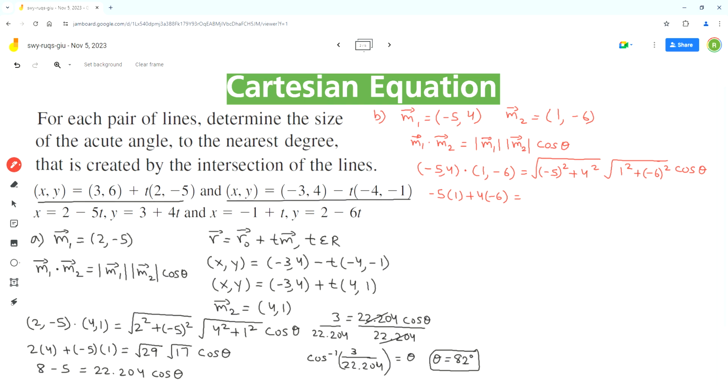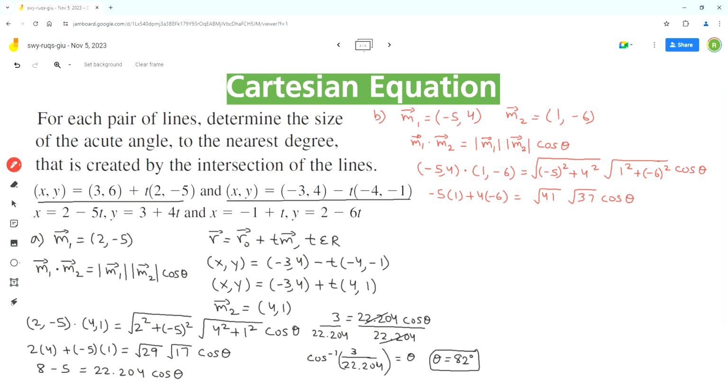And we can simplify the square root terms. -5 squared is 25, 4 squared is 16, and 25 plus 16 is equal to 41, so we get square root of 41. 1 squared is 1, -6 squared is 36, and 1 plus 36 is equal to 37.